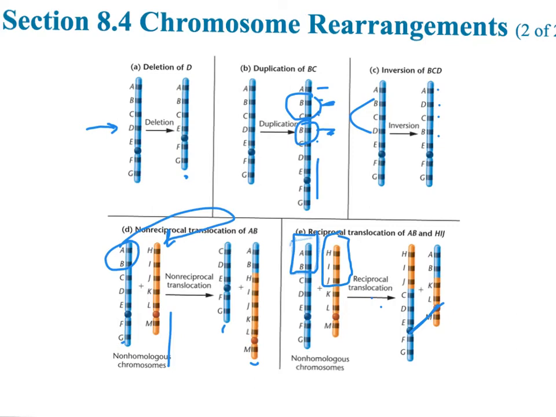It means that the two chromosomes are not the same pair. So it would be like one from chromosome 1 and one from chromosome 2, or maybe chromosome 1 and chromosome 3, or chromosome 20. So two different chromosomes are going to exchange material.